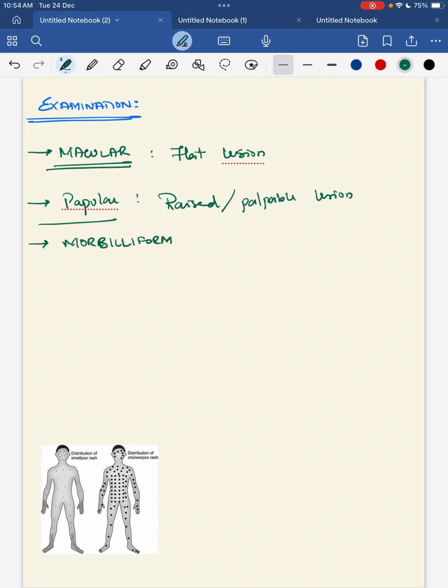So it is nothing but coalescence of maculopapular lesions into a diffuse sheet-like distribution, that is called as morbilliform rash.